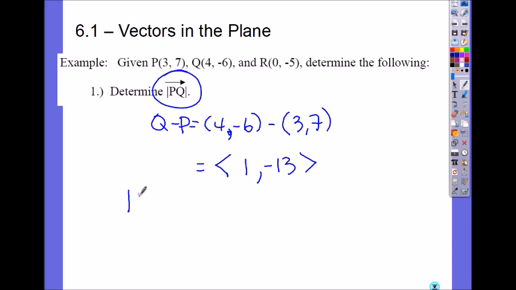So the magnitude of vector PQ is now the square root of, always these two, square and add, right? 1 squared plus, and if I were you, instead of writing negative 13 squared with parentheses, just write 13 squared. Negative 13 squared must be the same as 13 squared. Unless you put parentheses around negative 13, just put positive 13. So then what do you get?